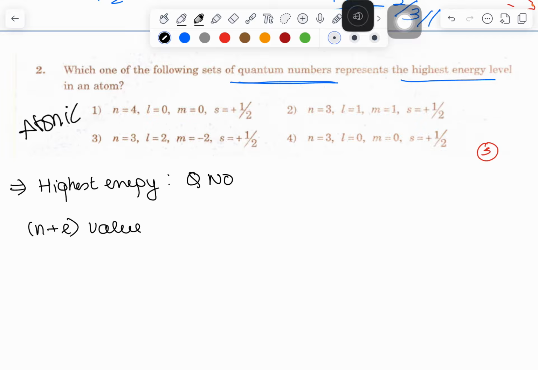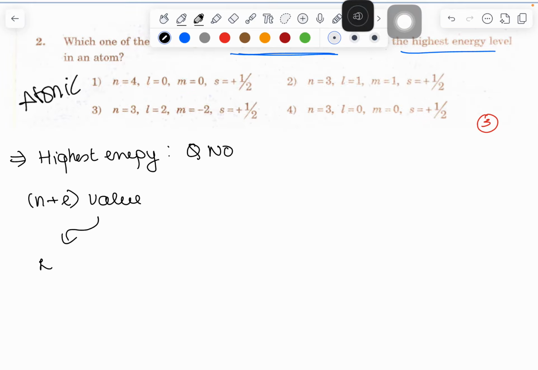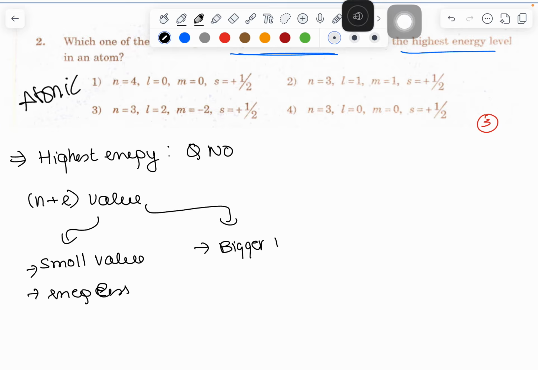If the n plus l value is small, then the energy is less. If it is a bigger value, then the energy will be more.